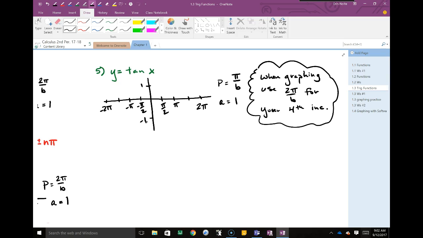Do I need a unit circle? Pi over 2, because x value is when the y value, right? So at pi over 2, so we're going to have the first one right here. And then again, every 2 increments. Okay, so our first vertical asymptote is at pi over 2 plus or minus n pi.